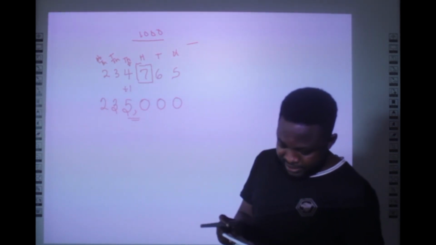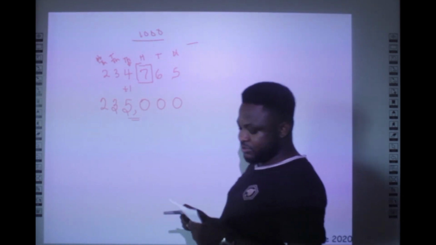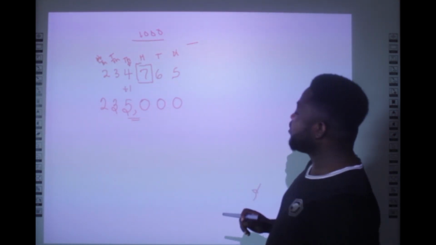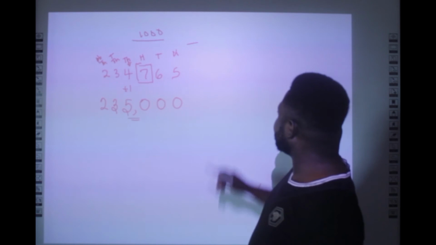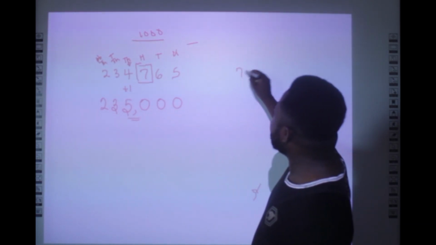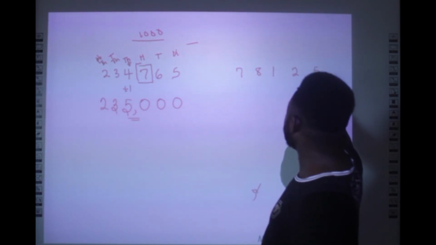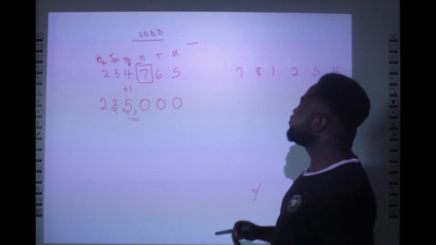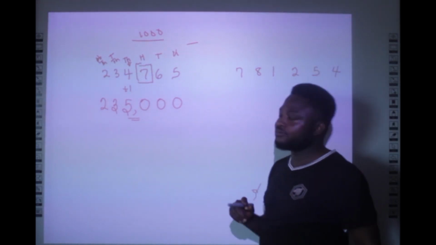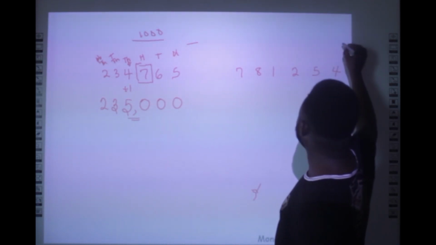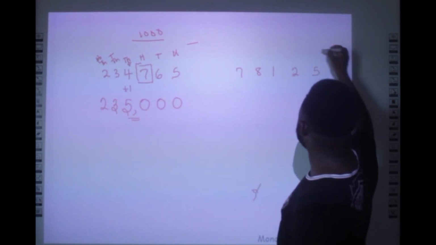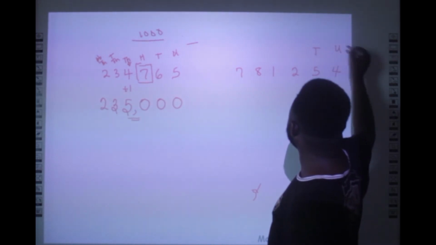Now let's look at another one to the nearest 1,000, which is 781,254 to the nearest 1,000. You write out the place value. This is units. This is 10.